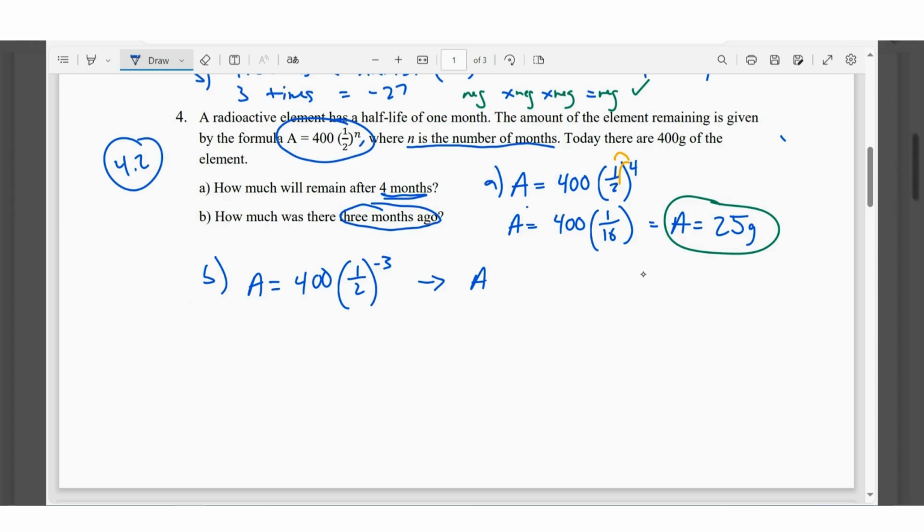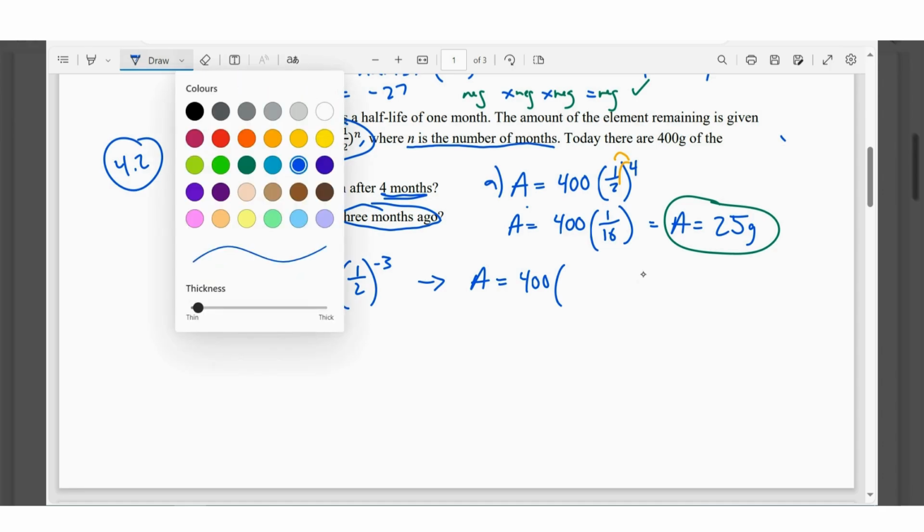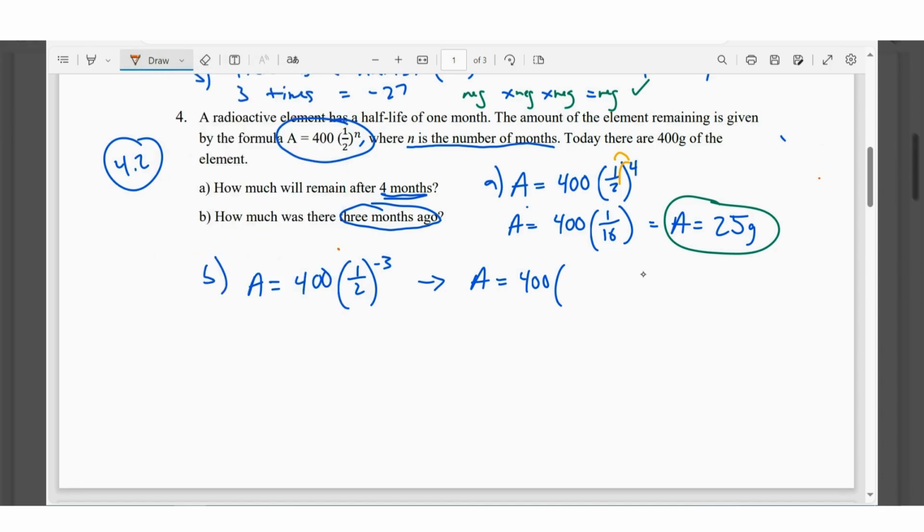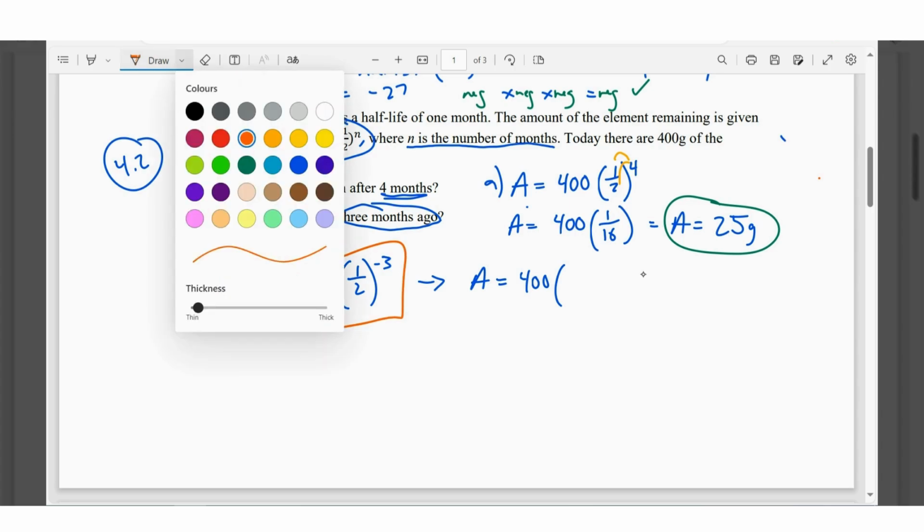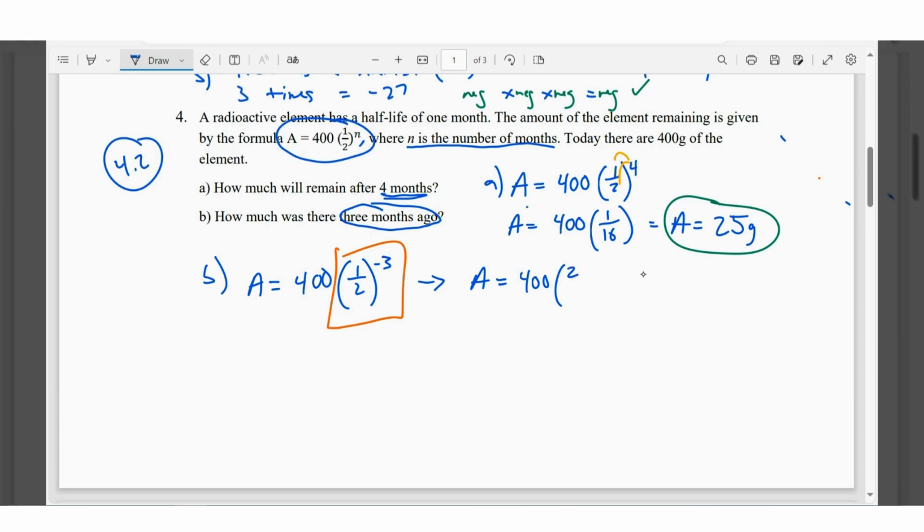We get amount equals 400 times a half. Well, let's not do a half, actually. Remember, when we have a negative exponent, we can flip the base. So instead of 1/2, we're now going to have 2 to the positive 3.